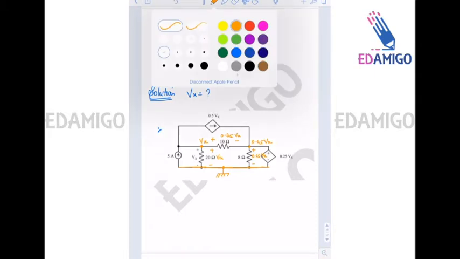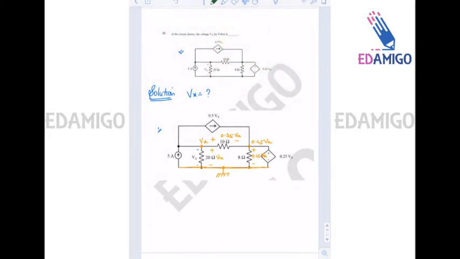Now, okay, so let us assume that this whole node is A, this is B, this is C. Okay, so there are three nodes here. We have to find Vx.